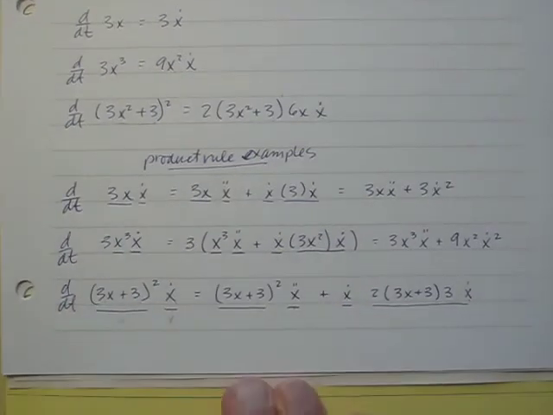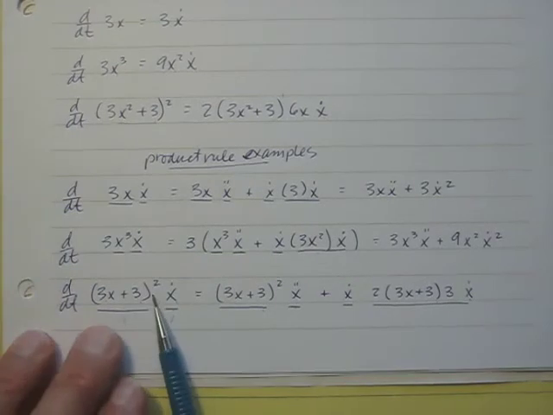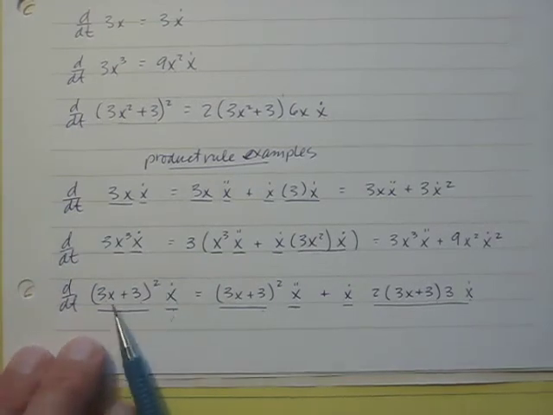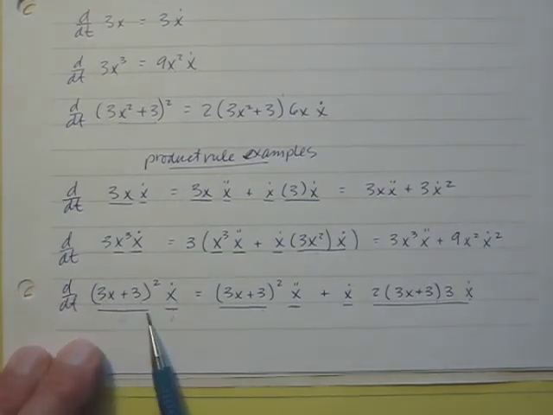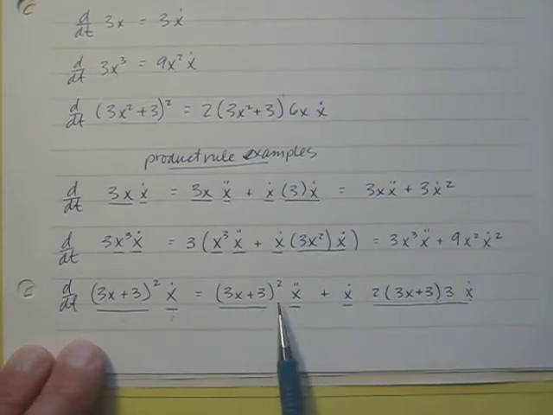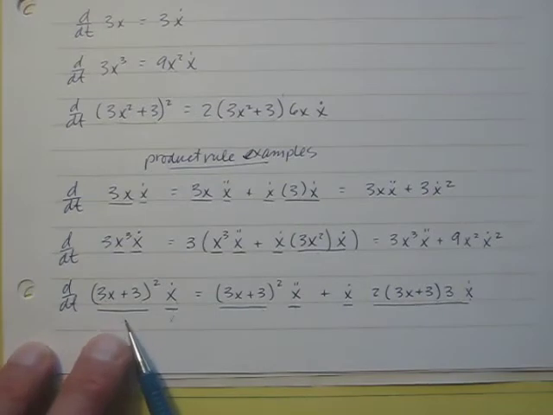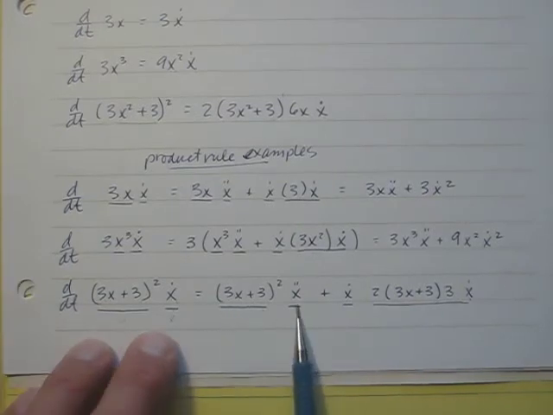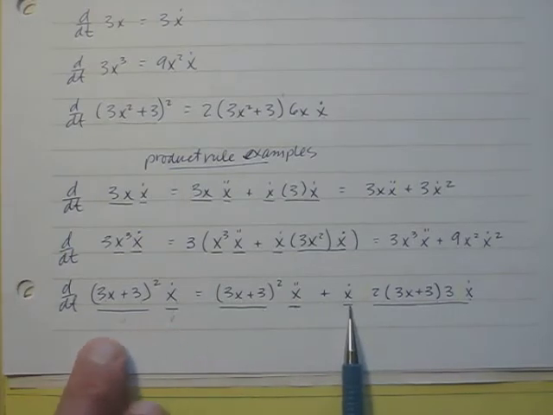And again, if you take a polynomial raised to an exponent, you could say that this term is my u, this is my v, and when I get done, I'm going to take u times the derivative of v, so I'm going to take that whole term times v double dot, plus v times the derivative of u.